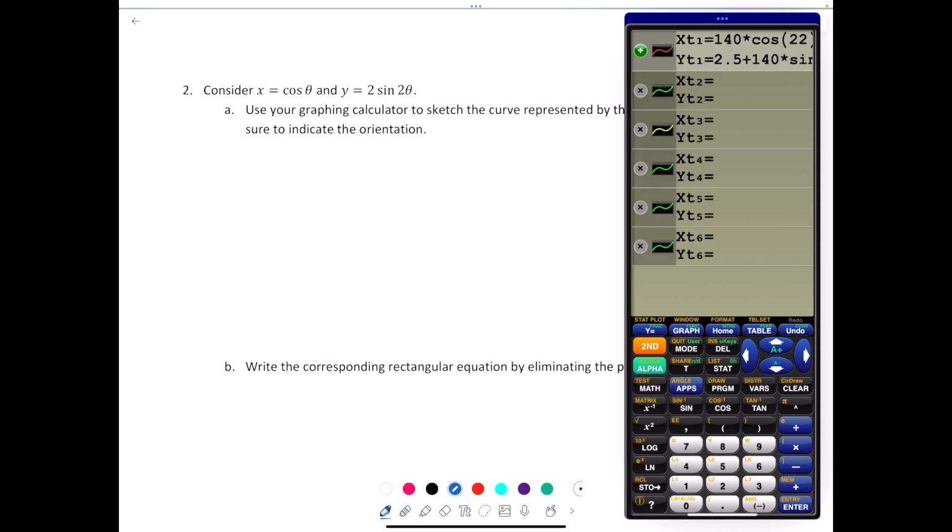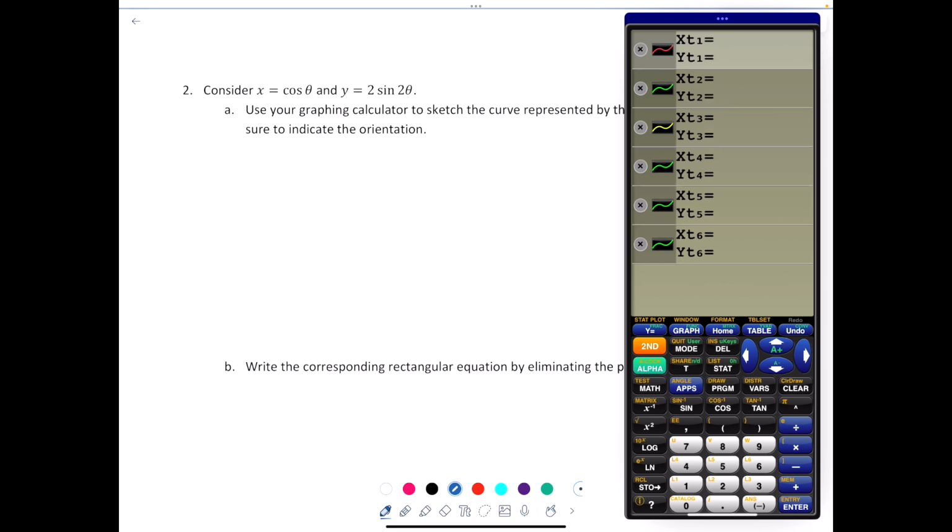Now y equals will look different. So we are going to be working with our parameter, which is theta, but the automatic parameter in our calculator is t. So we'll just go ahead and use the automatic parameter.